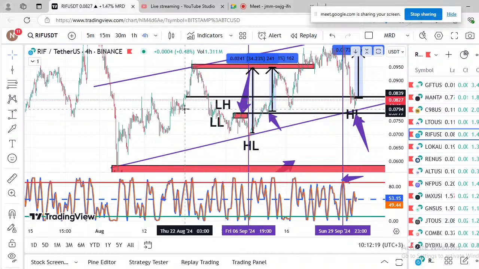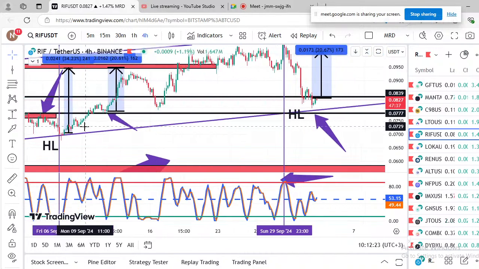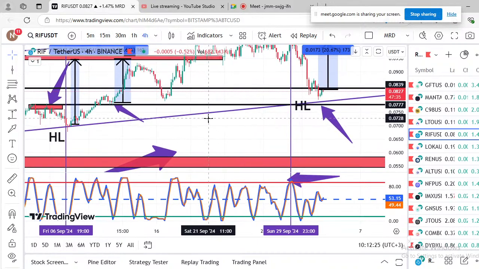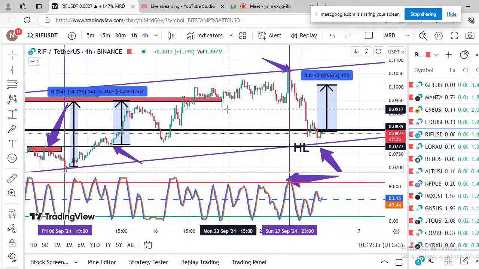Sometimes I have shown you somewhere the stochastic was too down in the oversold region, but when you look at the chart, the market was too high at the resistance level. If you find that situation in the market, know that automatically there is some lagging.